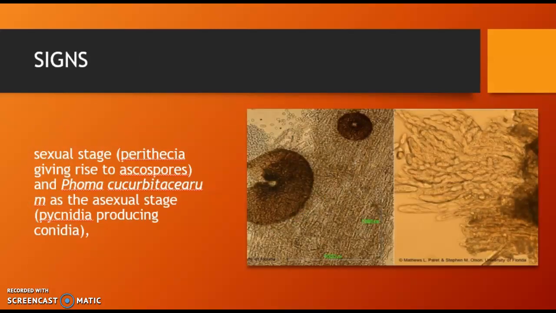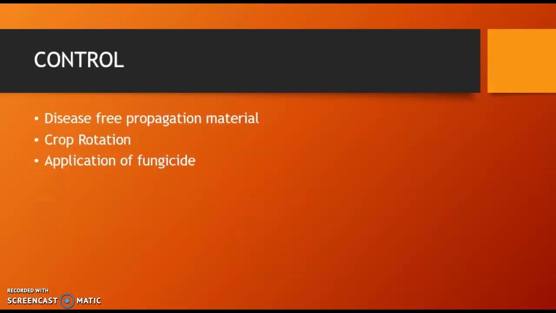The fungus Didymella bryoniae produces conidia from the asexual stage and also the sexual stage, giving rise to ascospores. Control and management of gummy stem blight disease requires, firstly, the use of disease-free planting material.